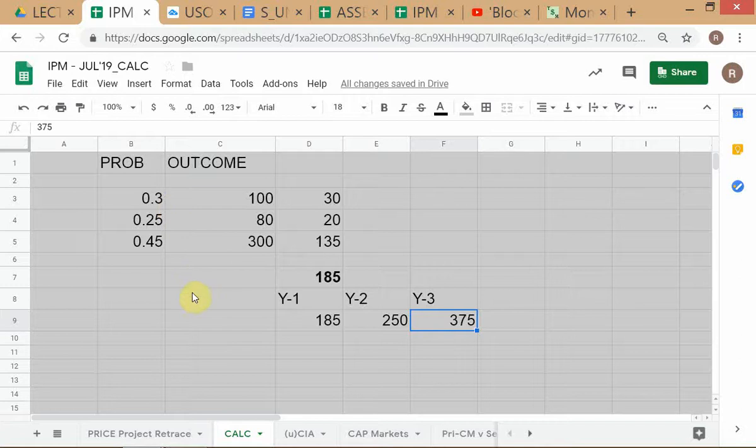And the point I was trying to emphasize, also connecting it to expectation, is that instead of just directly saying that I'm going to get 185, let it come as a derived number from this kind of exercise.